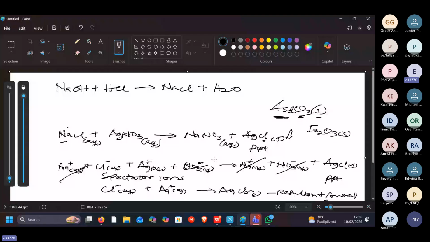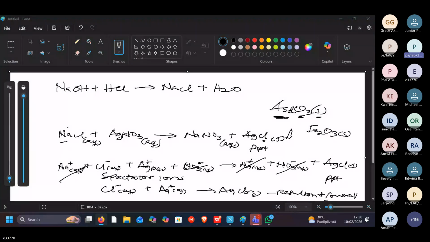The one that asked the question, is that okay? But I think arsenic is a metalloid.